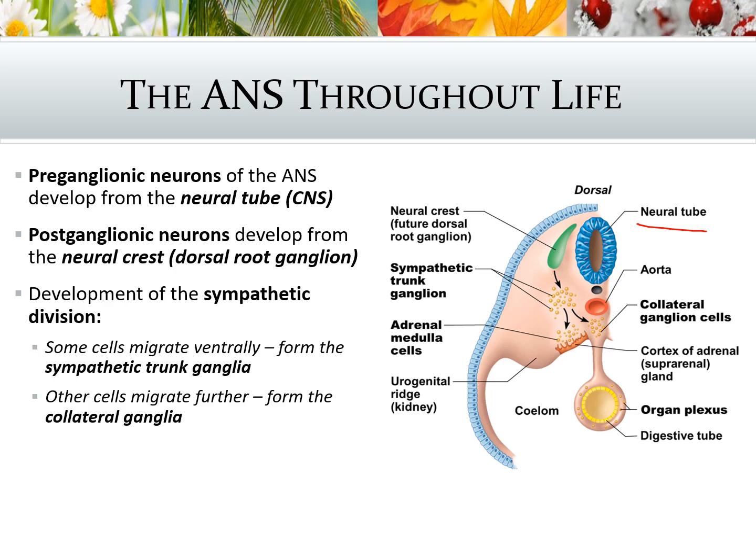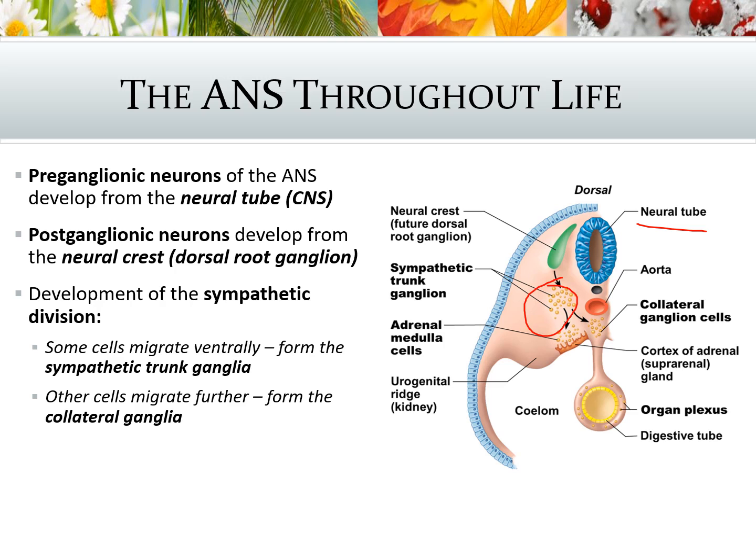Okay, so how do we develop into these different ganglia if we're talking about the sympathetic nervous system? Some of those cells are going to migrate ventrally from the neural crest, and they're going to form the sympathetic trunk ganglion.